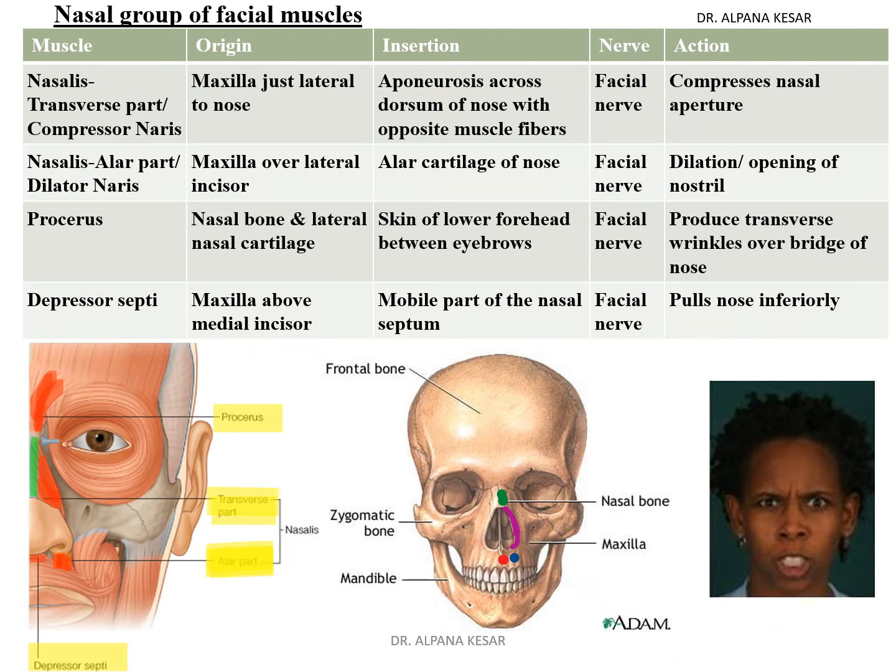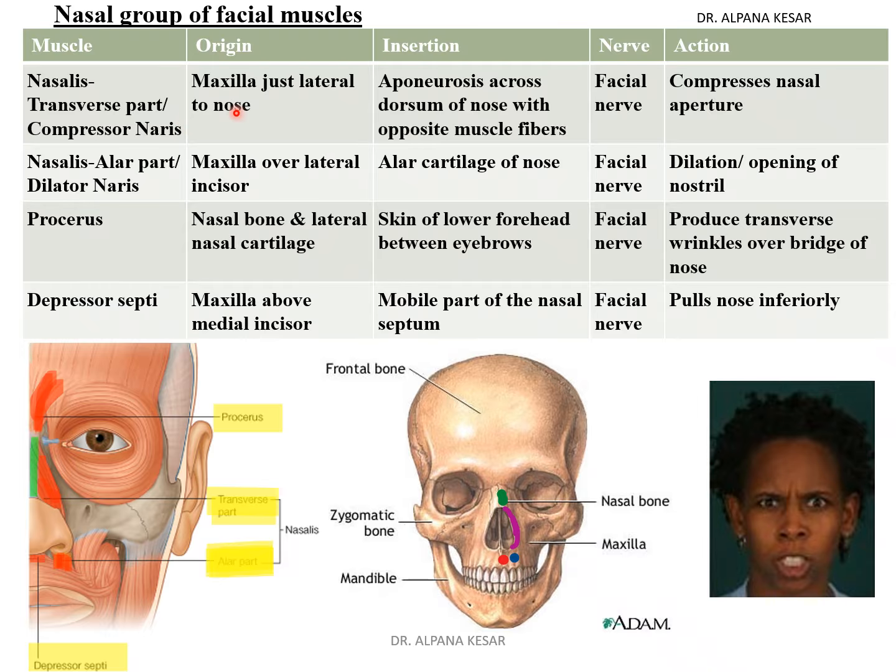Nasal group of facial muscles. Nose exhibits less mobility as compared to eyelids and lips. There are four muscles present in the nose. First is compressor nares, also known as the transverse part of nasalis.